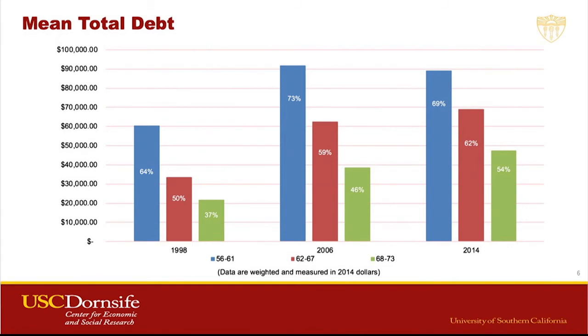And this jumps to about $45,000 in 2014. The percentages in the middle of each bar show the fraction of each age group that held this type of debt during that time period. About 37% of households in our oldest age group held debt in 1998, and this jumps to 54% in 2014.